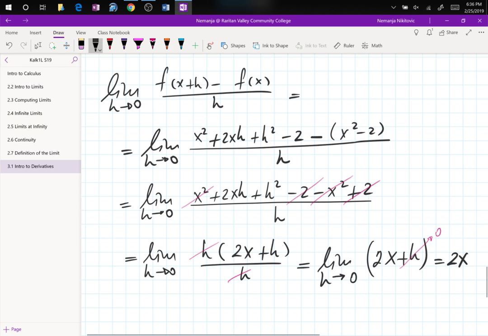So this 2x is a function that will generate all values, all slopes. And we just have a special name for that function. We call it the derivative. So what is the derivative? It's a function that generates all slopes of tangent lines.